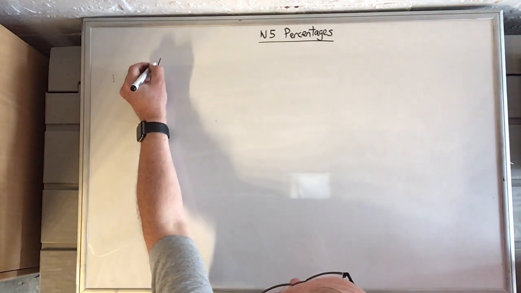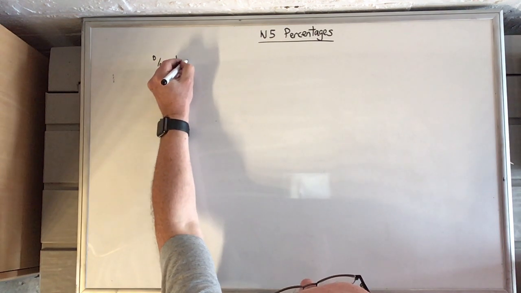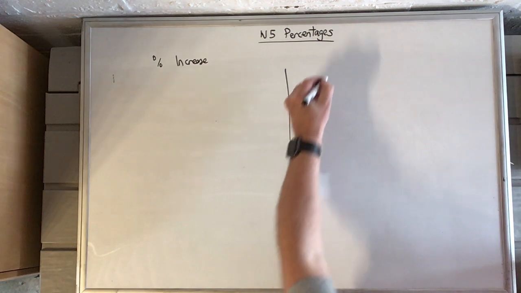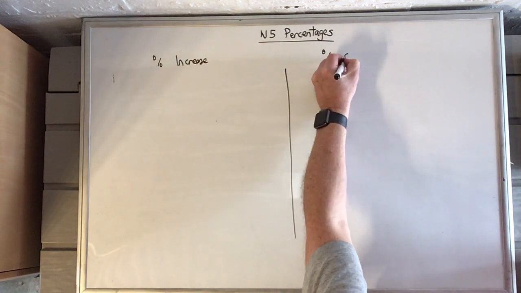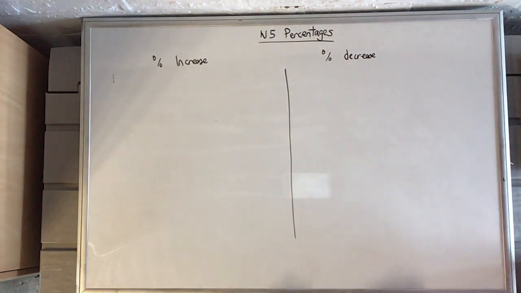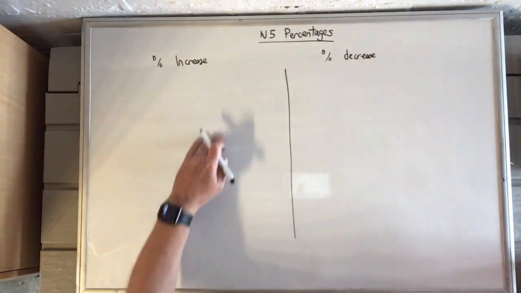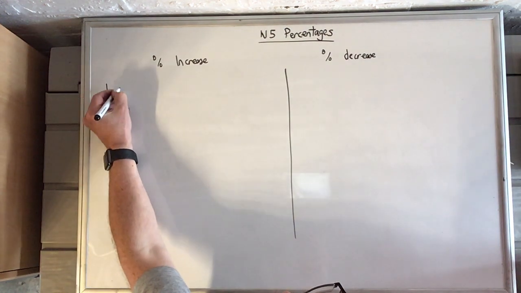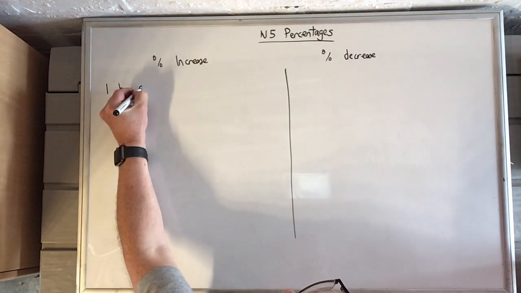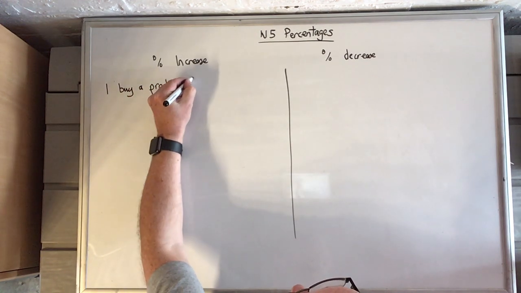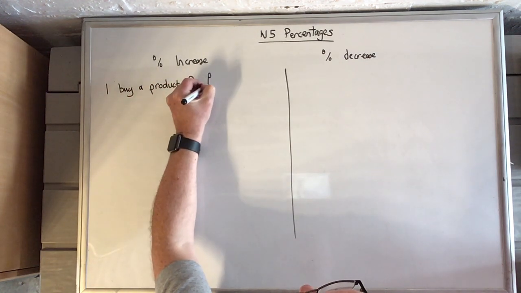So percentage increase. And I'll split my page, percentage decrease. So let's make up some numbers. Let's suppose I buy a product, could be anything, for £475.